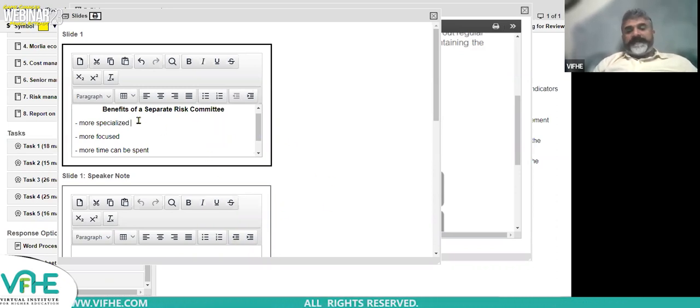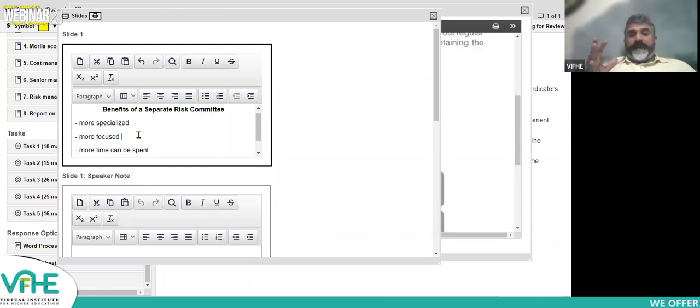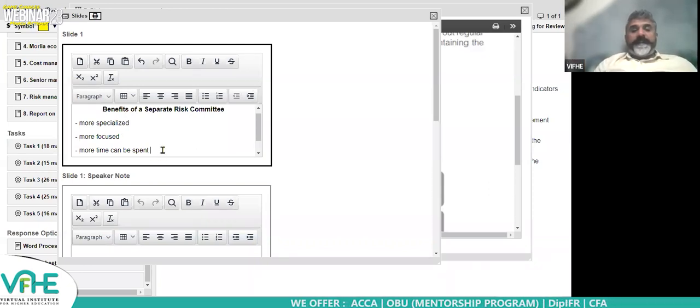If we have a separate risk committee, the risk committee will be more specialized. We will nominate people from risk management backgrounds. It will be more focused because right now the current audit and risk committee is doing so many things. They are not able to focus on all the things. And the committee can spend more time.